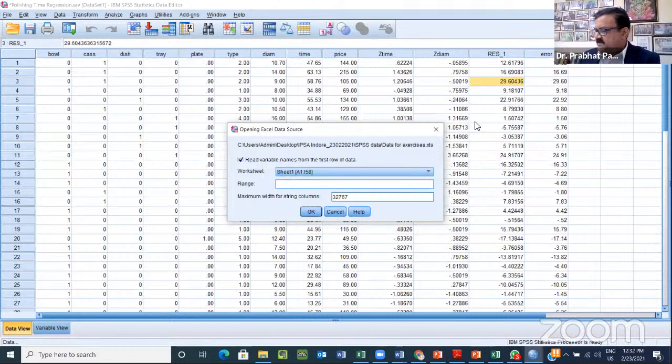I have already noted the data to be imported, so I'm going to import from E3 to G24.